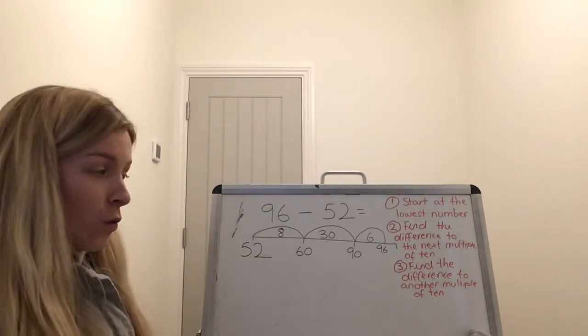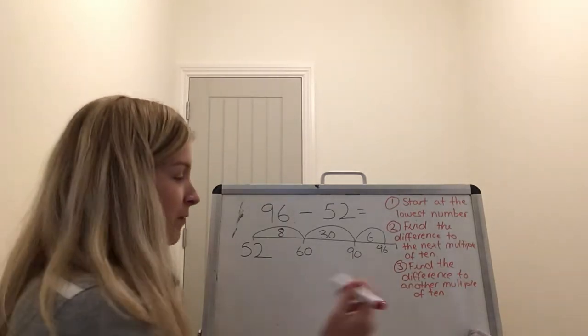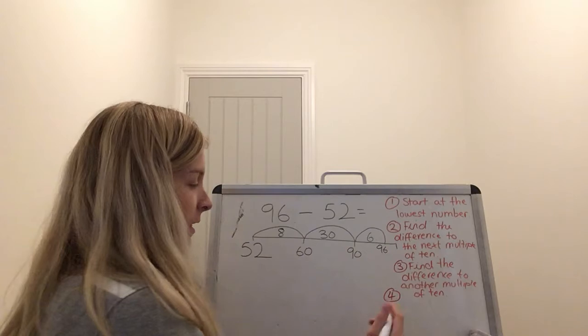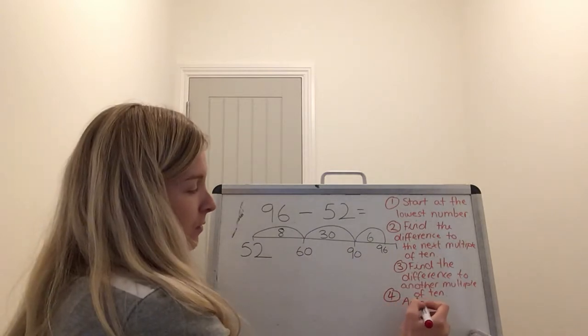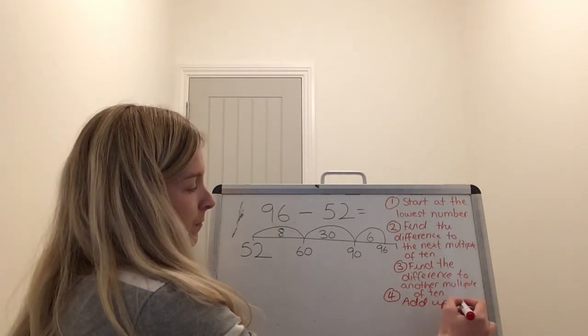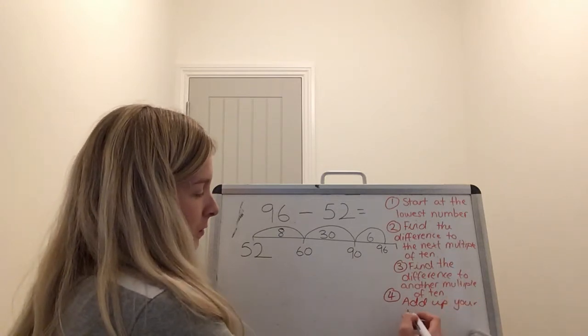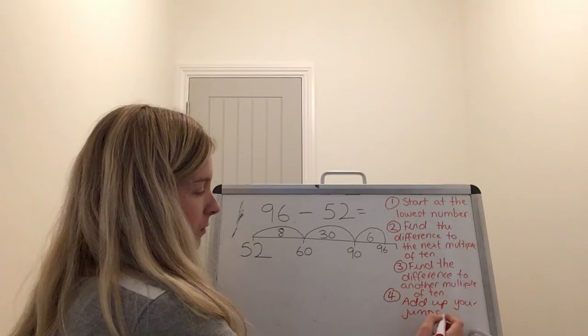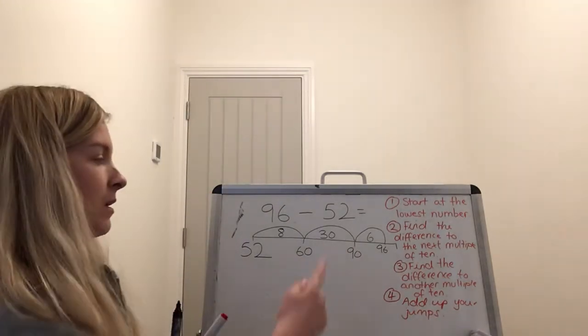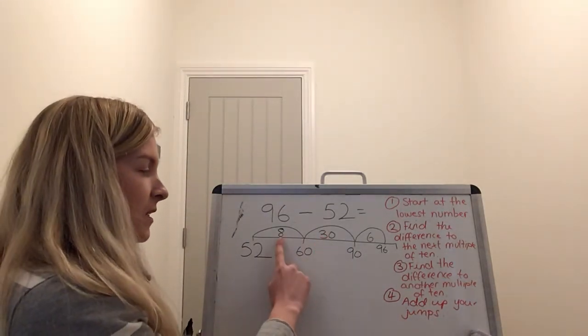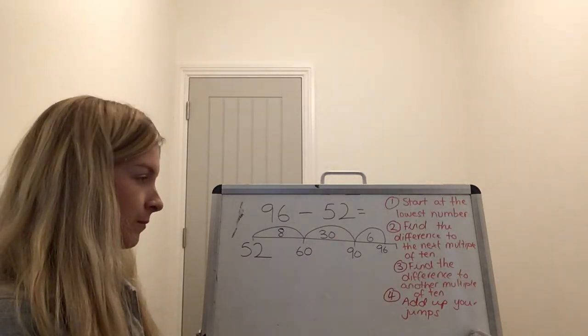6. So all that's left to do, number 4, is to add up your jumps. So, how are we going to do this? 30, add 8, add 6.